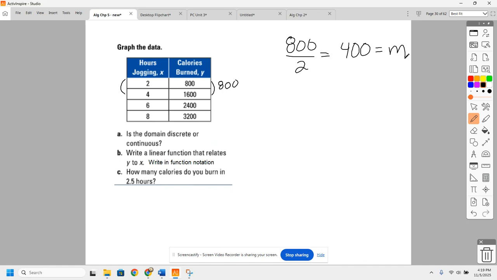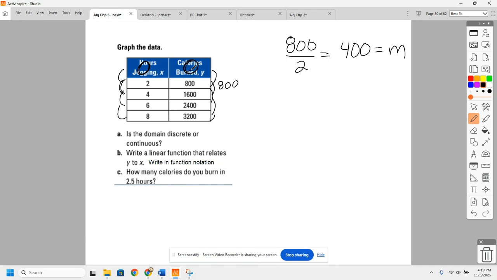Now I don't know my y-intercept, but I can work backwards. So since this is counting by 2's over here, I can go count by 2's on the way back and find out what 0 is. So if this is moving by 800 counting by 2's over here, it's actually going to move by 800 counting by 2's over there. So guess what? My y-intercept is 0.